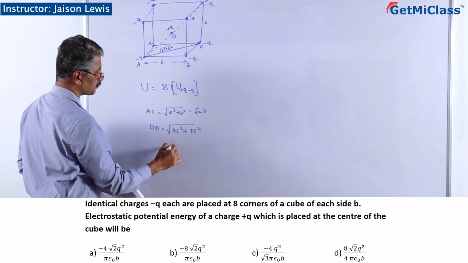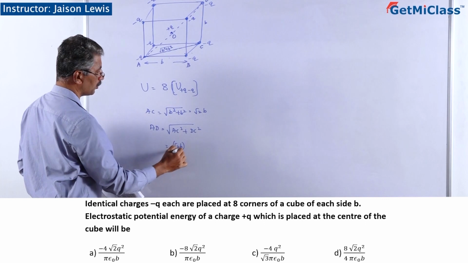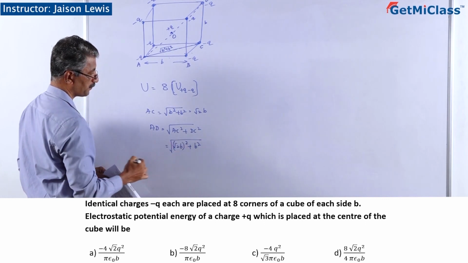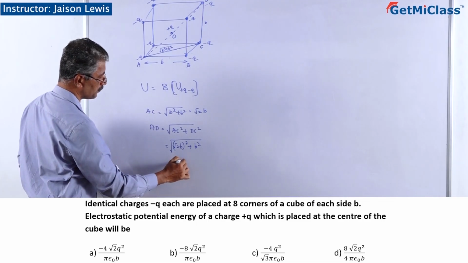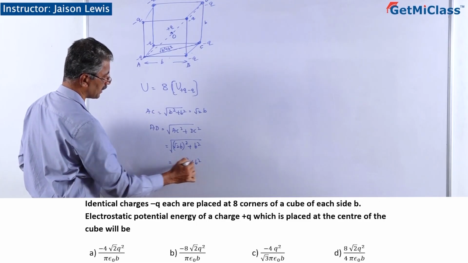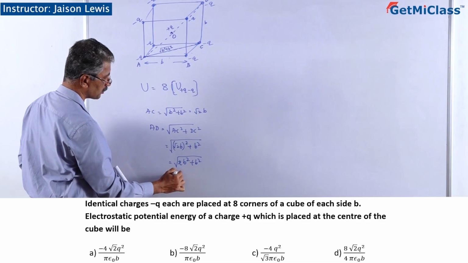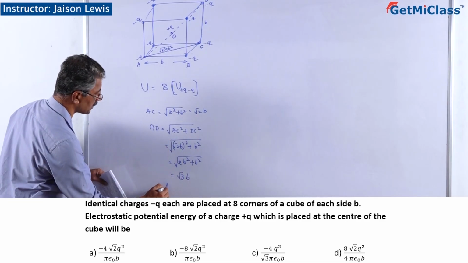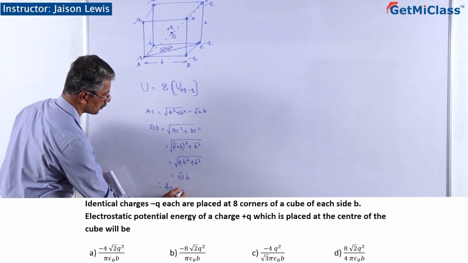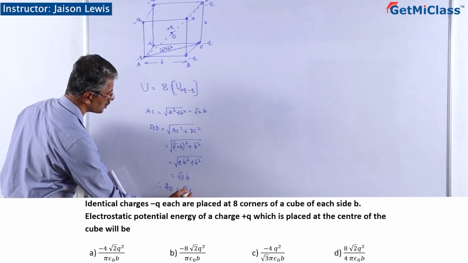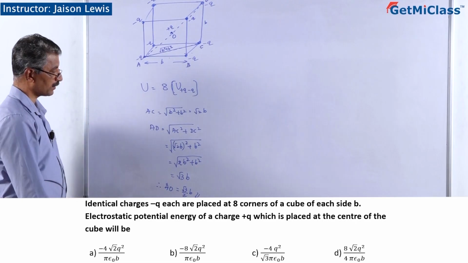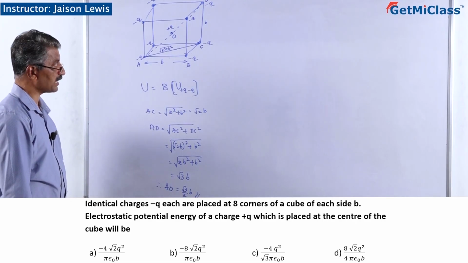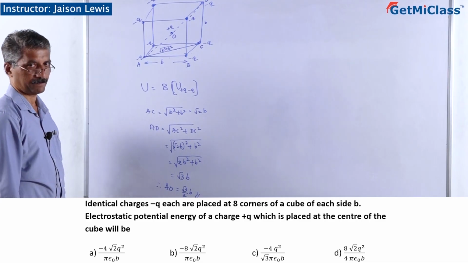Now AC is root 2 B, whole square, plus B square. That is 2B square plus B square, and the root of that is root 3 into B. Therefore, the required distance AO is root 3 by 2 times B. So all the charges are at a distance of root 3 by 2 B from the center.